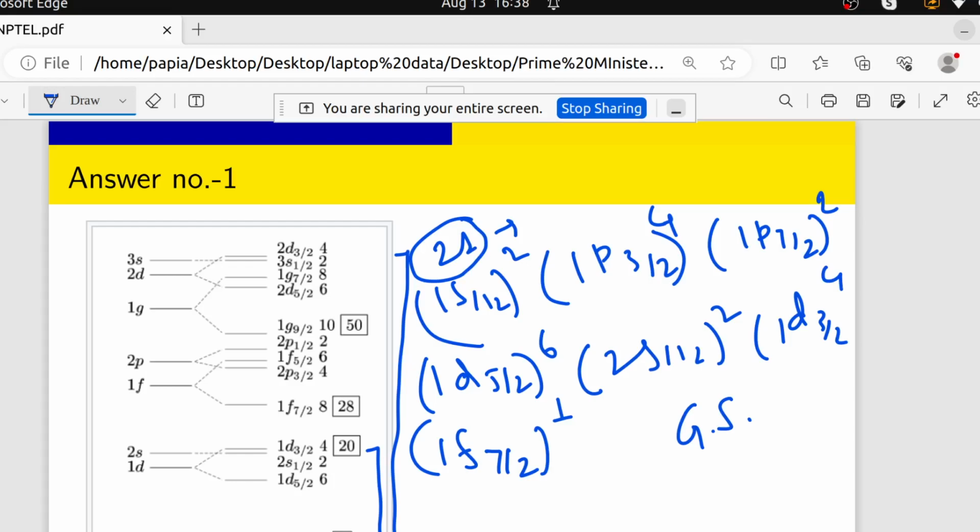Now they are asking about the first excited state. In the ground state, the last nucleon was here. Where will it go? It will go to the next higher level.